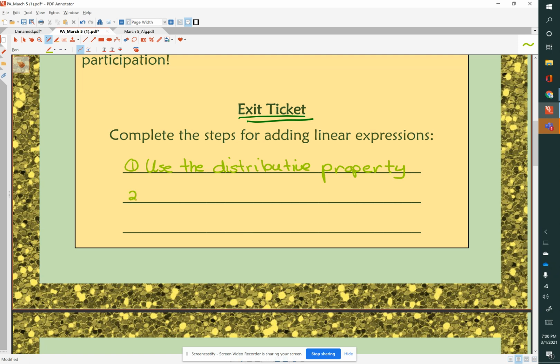And you may not have to use that, but if you have to use that, do that if that's necessary. Then we combine like terms. And remember, we always have to use the distributive property before we combine like terms. And then finally, make sure we write the final expression with the exponents from largest to smallest.